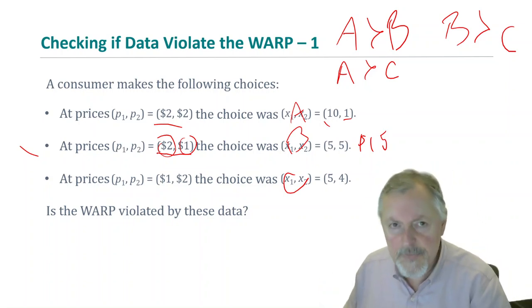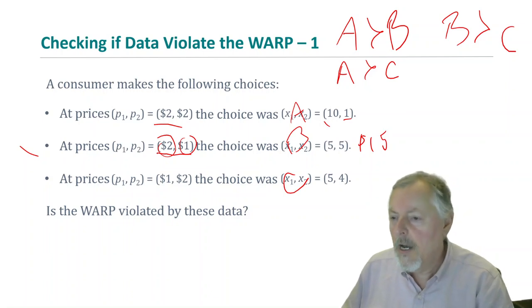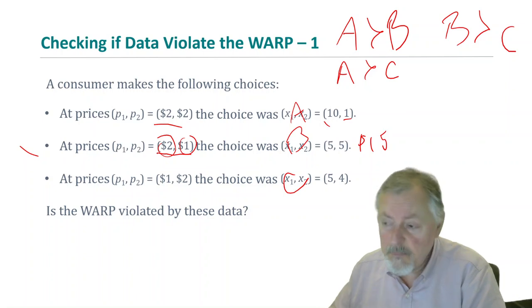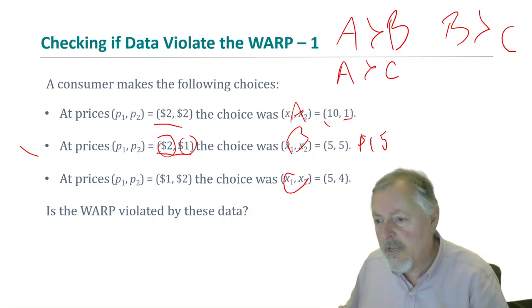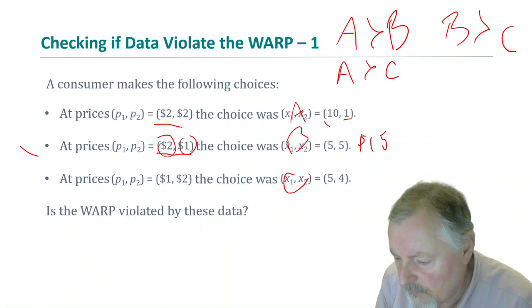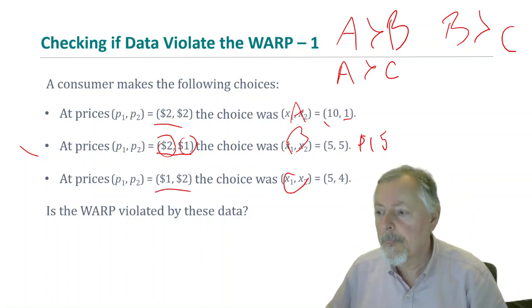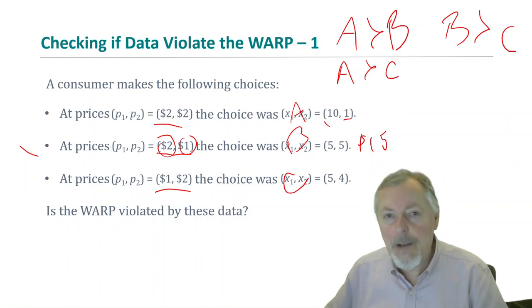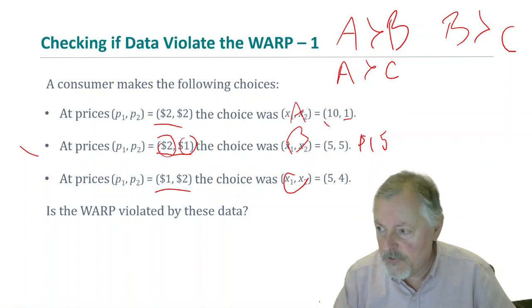And now we do the process again with the third choice. Again, maybe the prices changed, maybe your budget changed, maybe your income changed. All we know is at the prices of $1 for thing 1 and $2 for thing 2, you purchased bundle C. Okay, how much did it cost you? It'll be 5 times $1 plus 4 times 2.